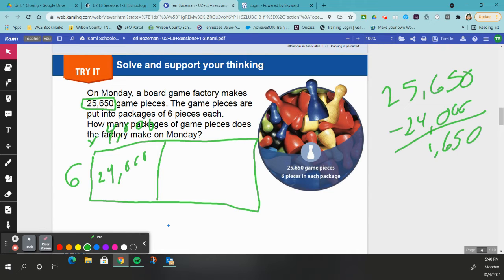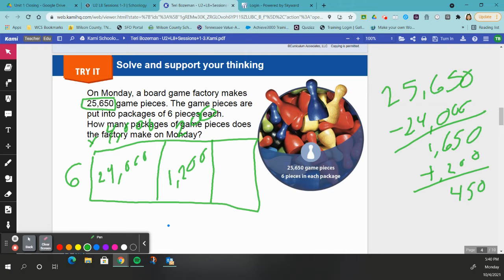So then I know, okay, 6 times, what did we say? 200, right? 6 times 200 would give me 1,200. I subtract that and I'm left with 450.